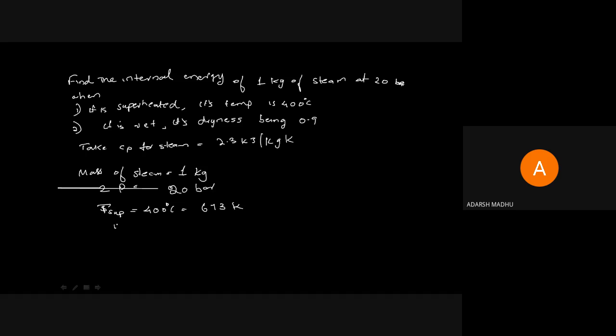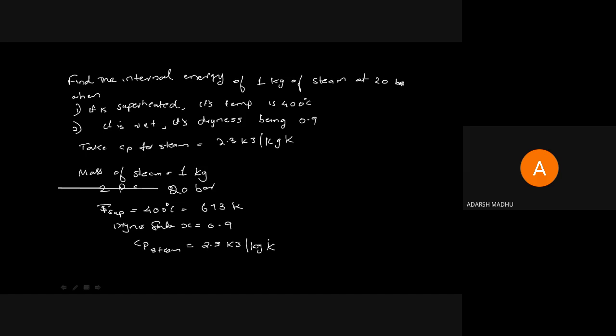Dryness fraction X is given as 0.9. Cp of steam is given as 2.3 kilojoule per kilogram Kelvin. So these are the given data.